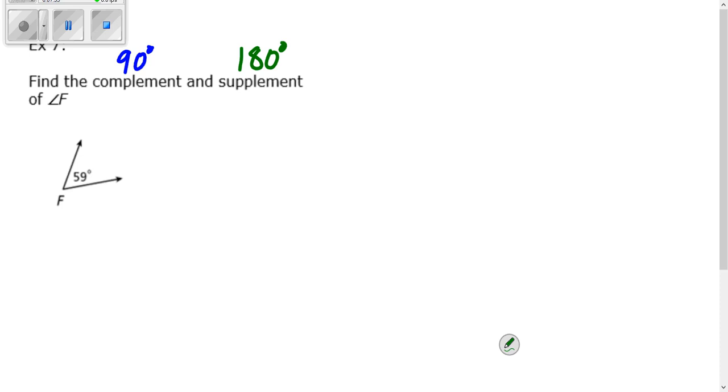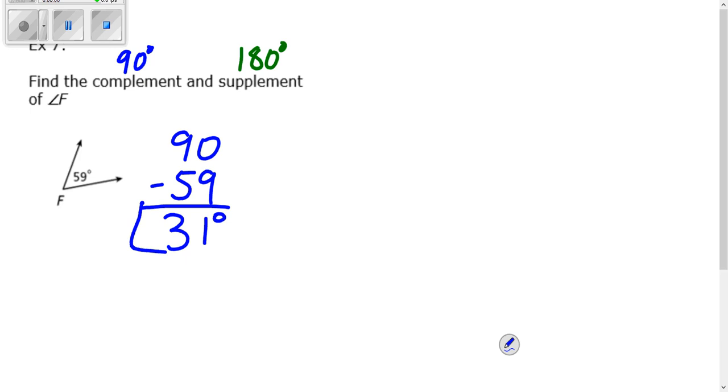So we need to find specifically the complement of angle F. So we already know one of the angles. We need to know the other angle that we can add to it to get 90 degrees. So we take 90 minus 59, and that will give us 31 degrees.